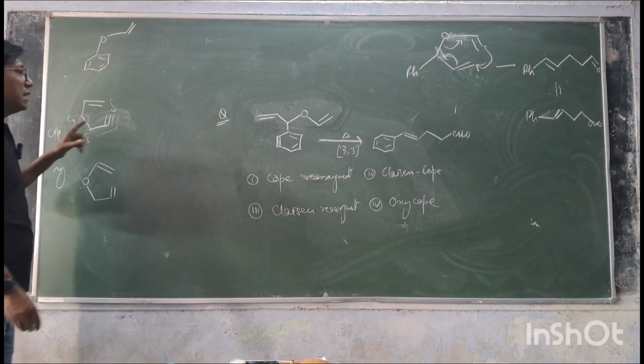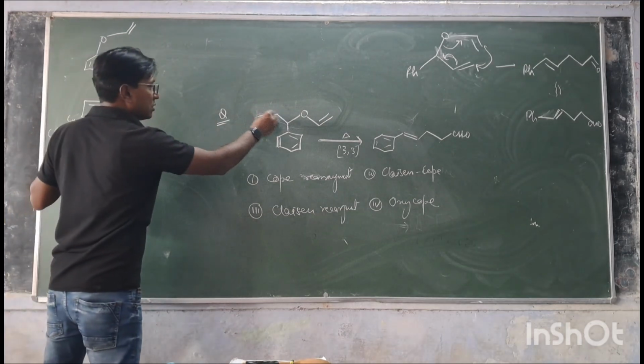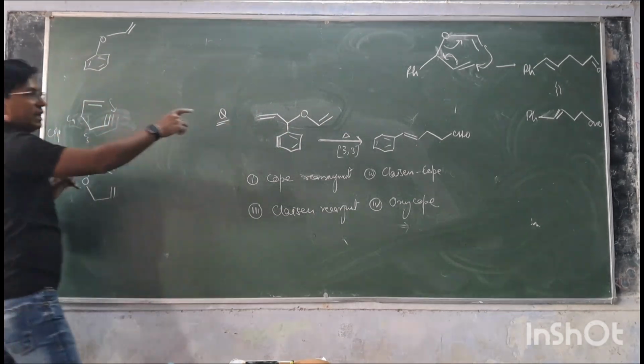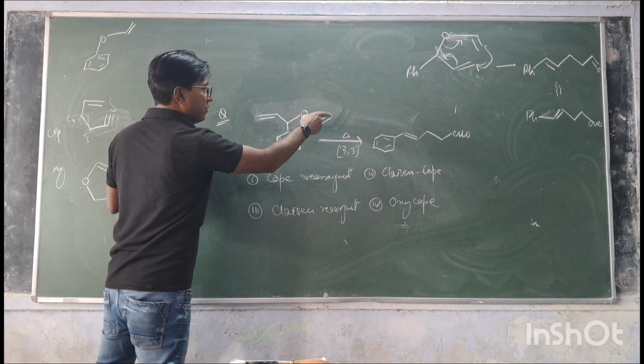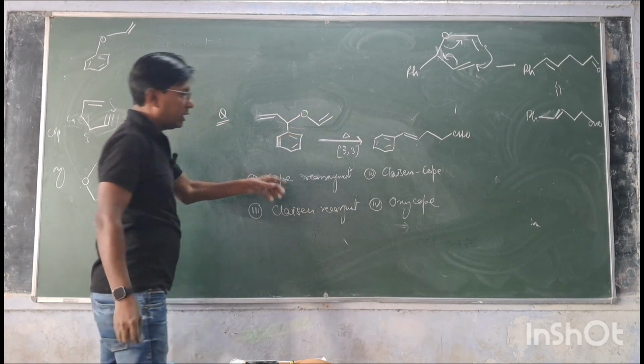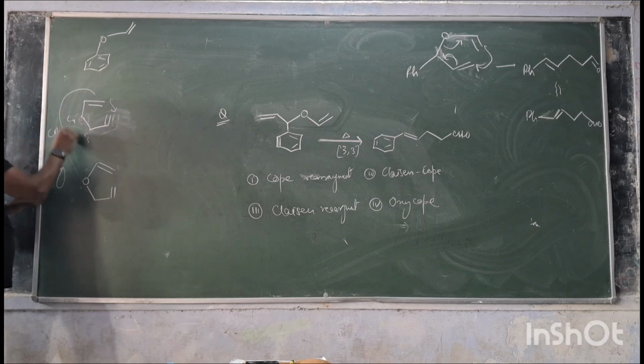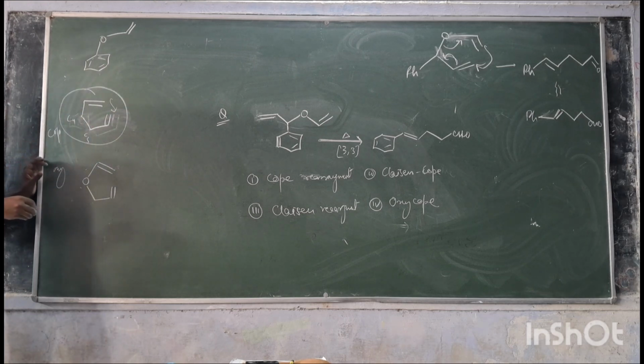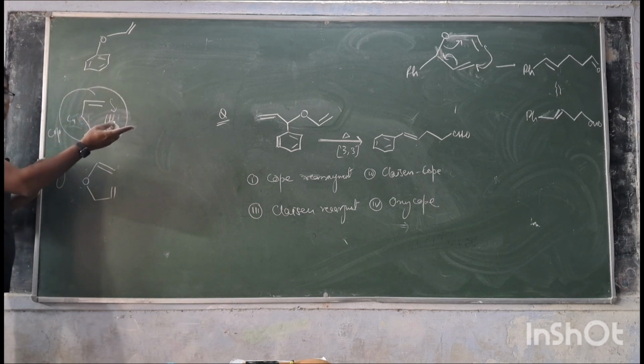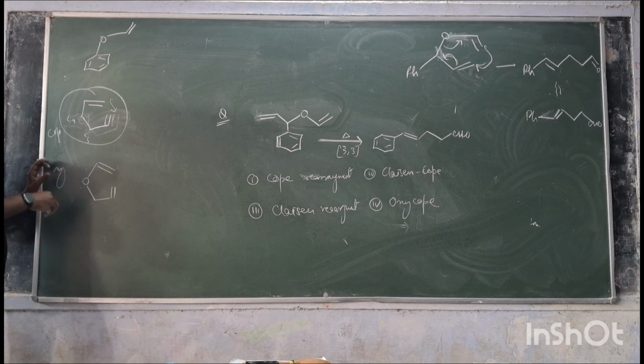We are having this side, this side, and this side also. According to the options available, Cope rearrangement involves allyl vinyl groups, migration of allyl vinyl groups, and C3-C4 carbon bond breakage takes place, and we can form the product according to this.